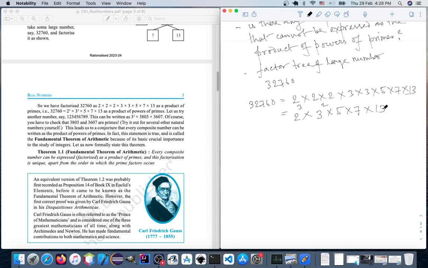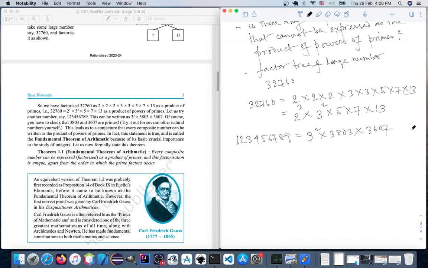Now let us try another very big number, 123456789, as an example. If we factorize it, the prime factors will be 3 squared into 3803 into 3607.